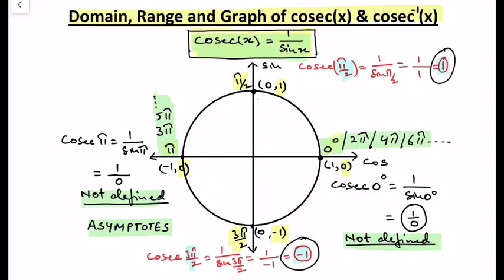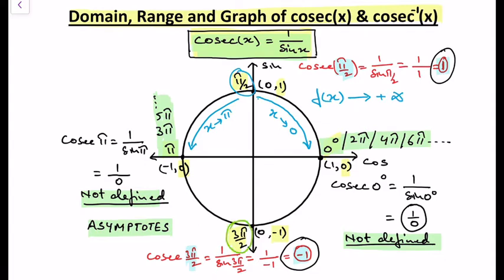So from pi by 2, if x is approaching towards 0 or x is approaching towards pi, then fx will be approaching towards plus infinity, because in the first and second quadrant cosec x is positive.